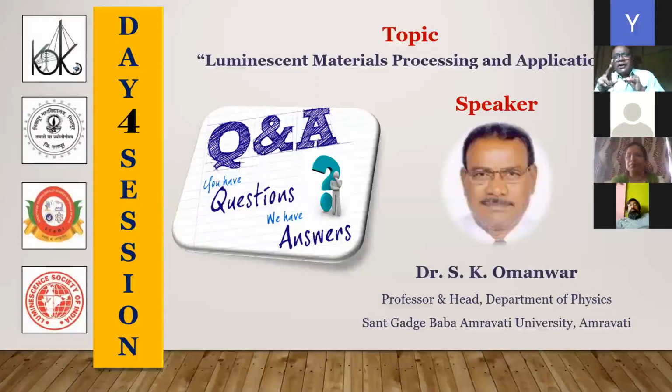Actually, luminescence is of two types, phosphorescence and fluorescence. If the emission occurs after some time, we call it phosphorescence. If it is 10 raised to minus 5 seconds or less than that, we call it fluorescence.